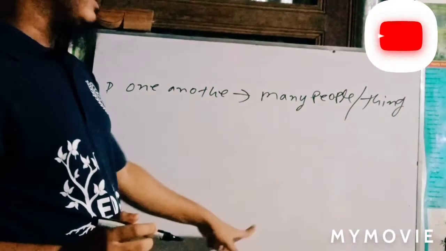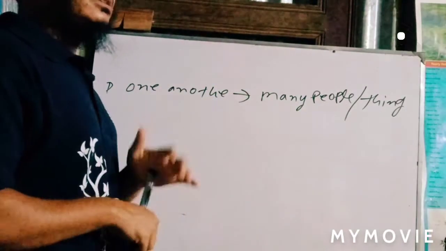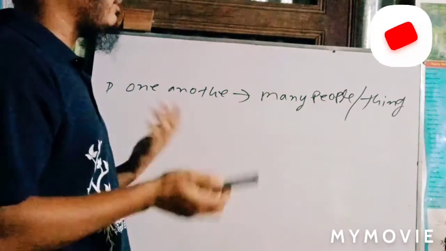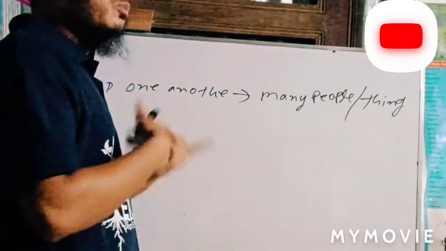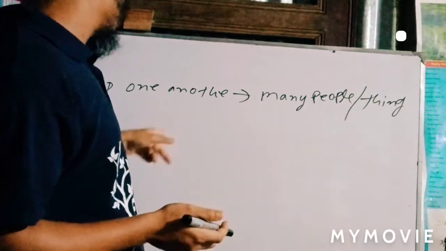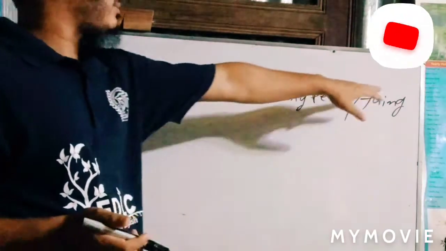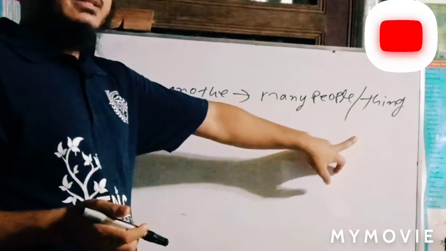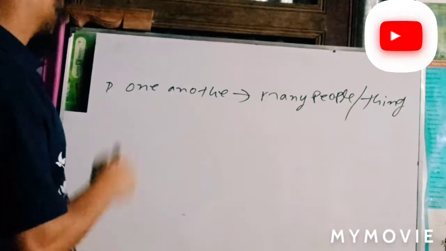But if there is a relationship with only two people, only two men, that is each other. If you want to use one another, there must be many people or many things in the position of subject.